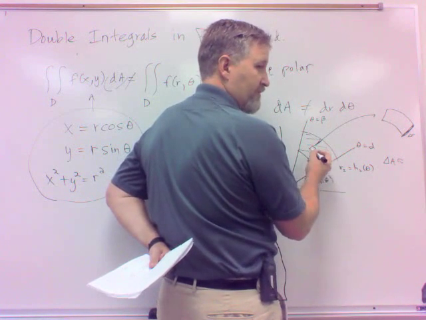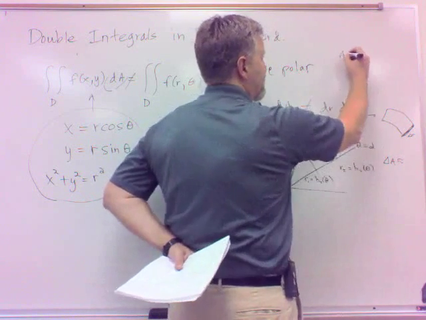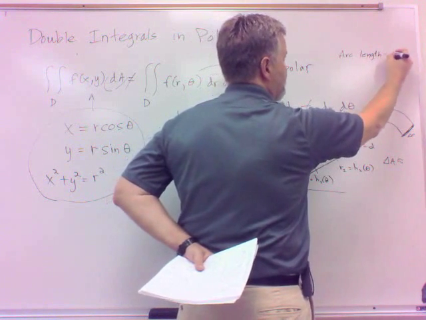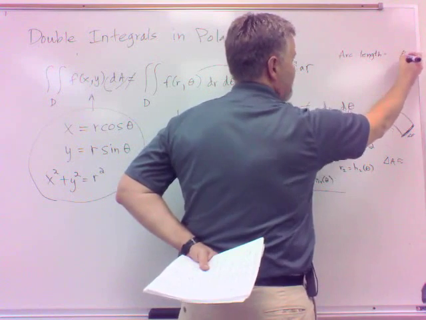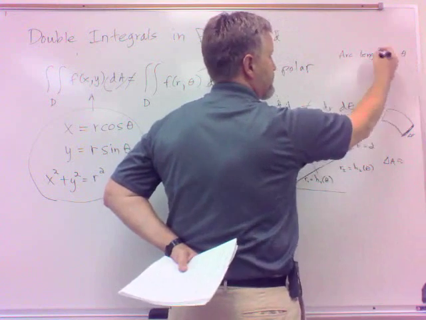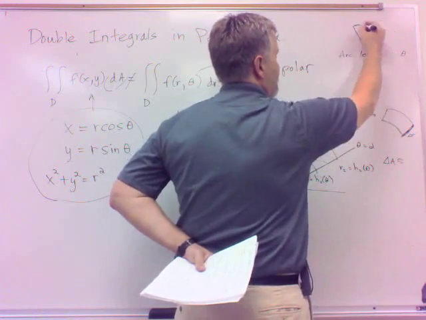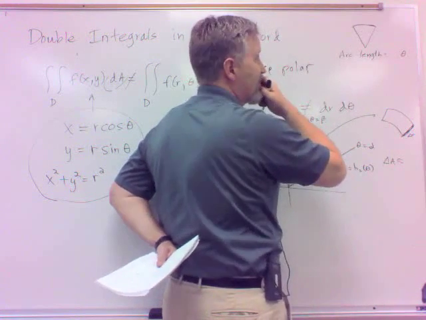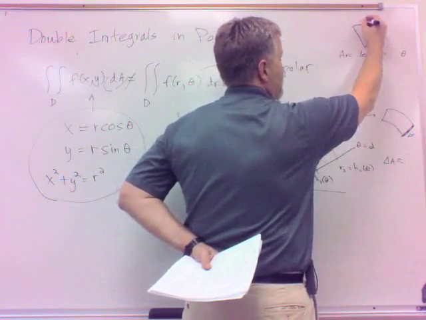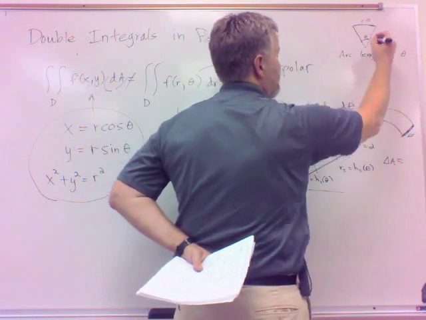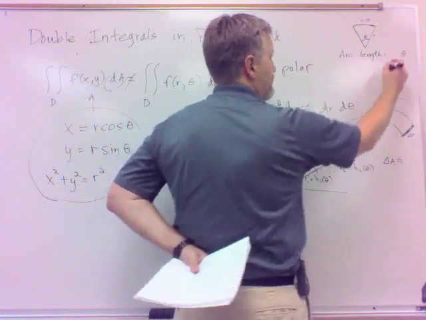And remember how you get arc length? You take the angle times the radius. That arc length is r times theta, right? R times theta.